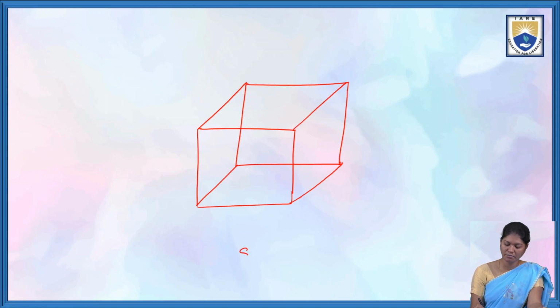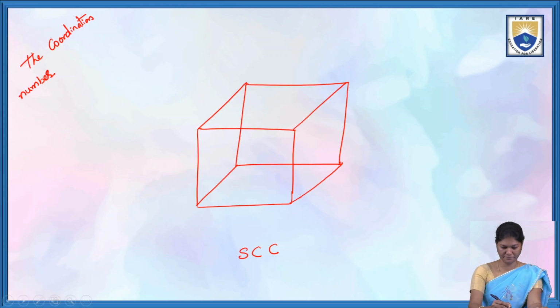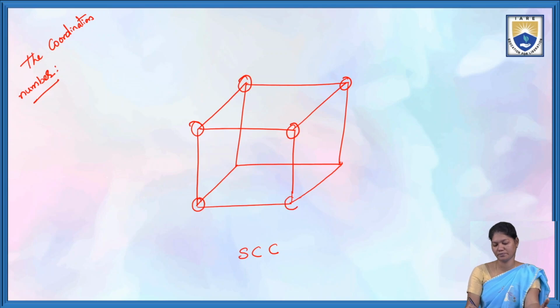This is a simple cubic crystal. Now we are calculating the coordination number. It has atoms at each corner of the simple cube.